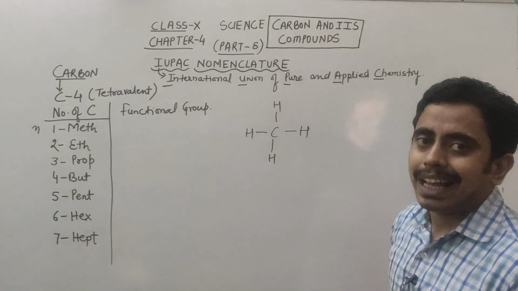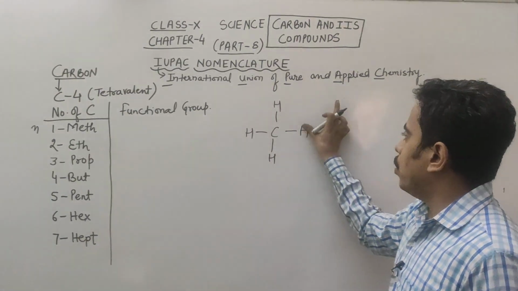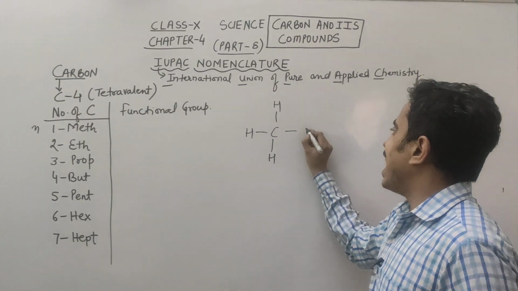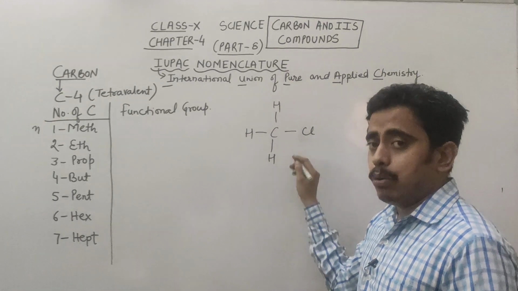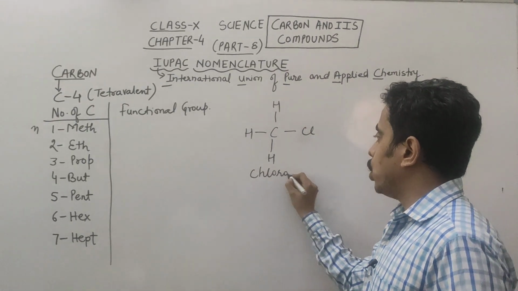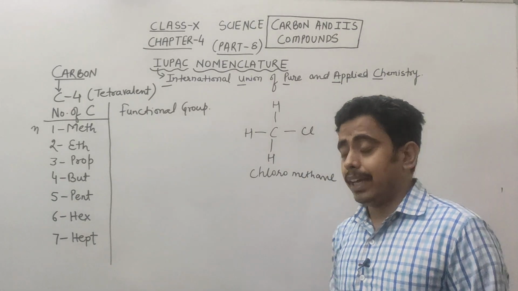All of you see. If one hydrogen atom in this carbon compound is replaced by a chlorine atom, then the name of the compound will be chloromethane.